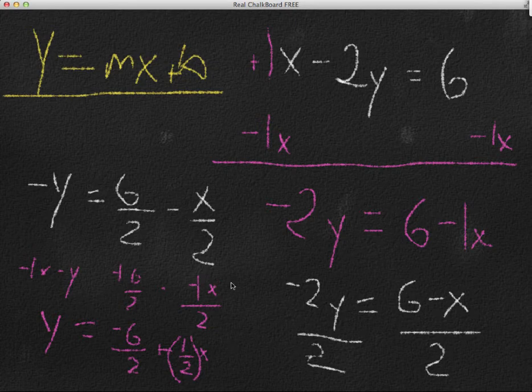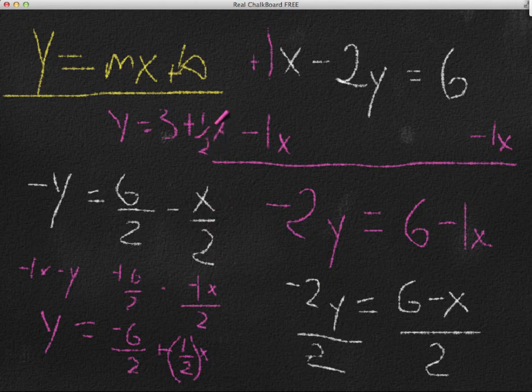All right, so that leaves me with, let's go up here, y equals, actually I gotta switch this around too, 3 plus 1 half x.